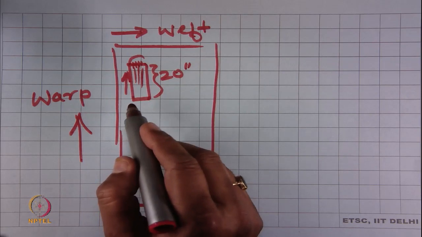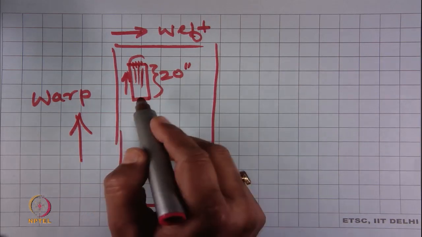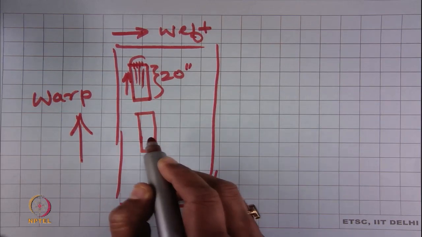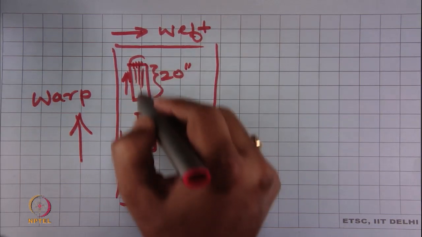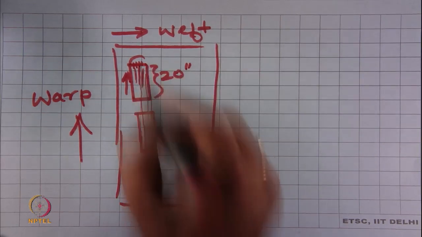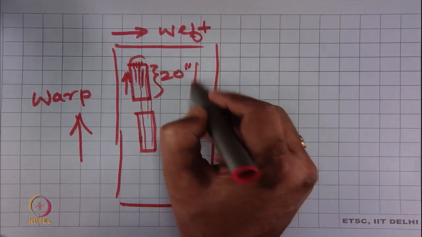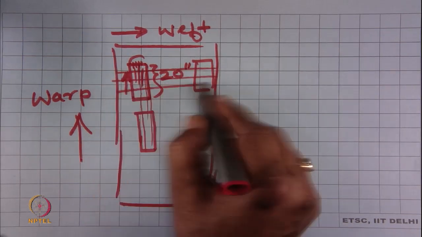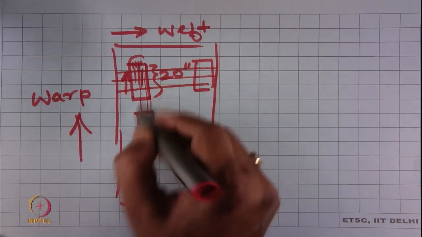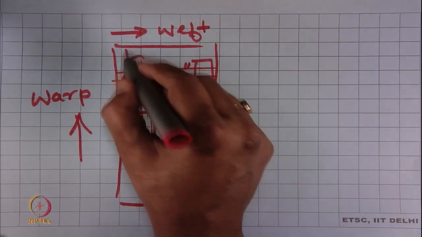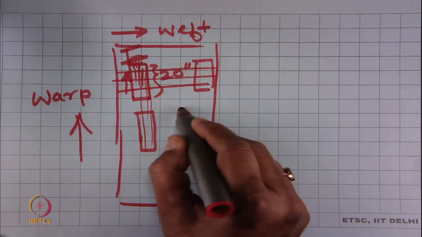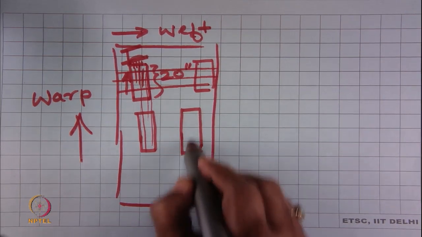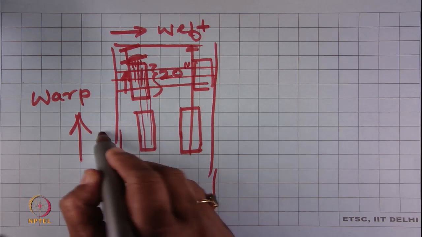This is one specimen. The next specimen we cannot take from this side, because they will have a common warp. Similarly, we cannot take from this portion, because there will be a common weft. So, this is say specimen 1, and the second specimen we have to take from this portion, because there is no common warp or common weft.